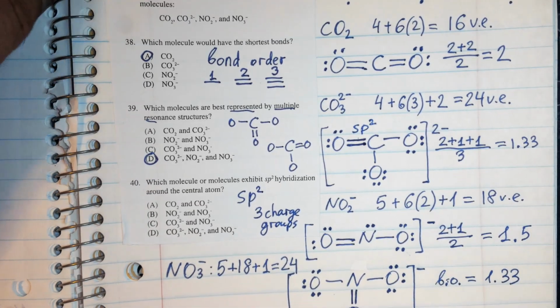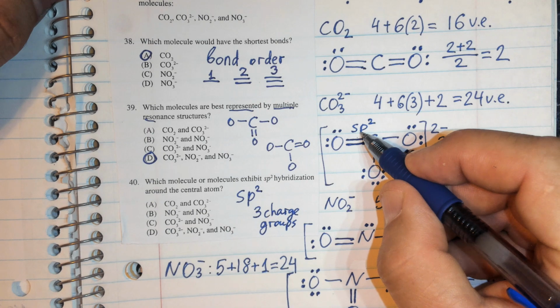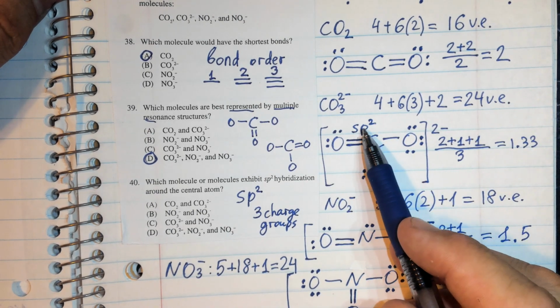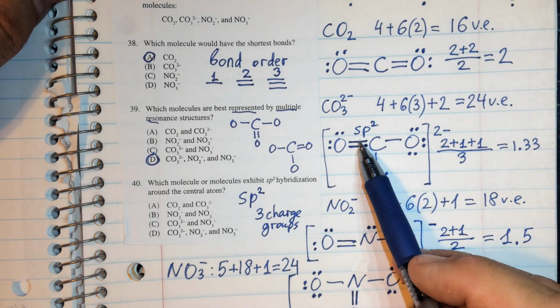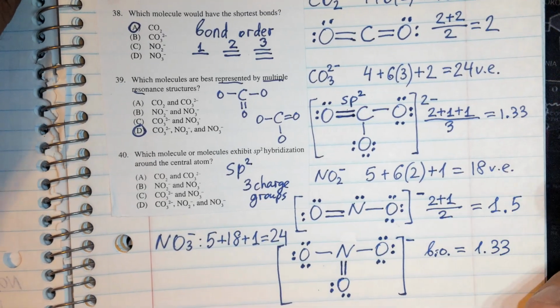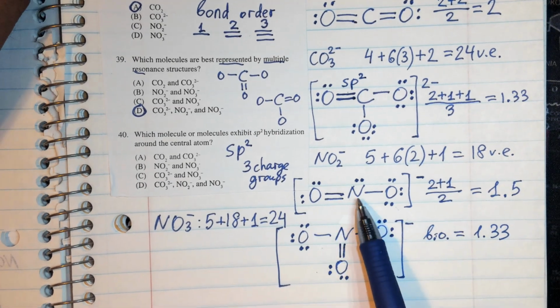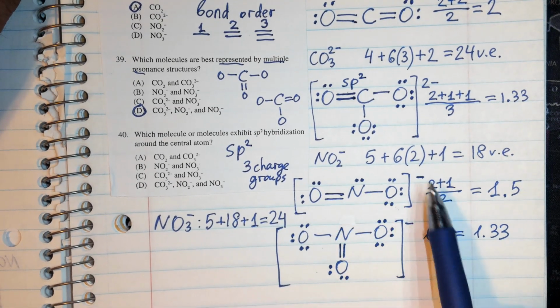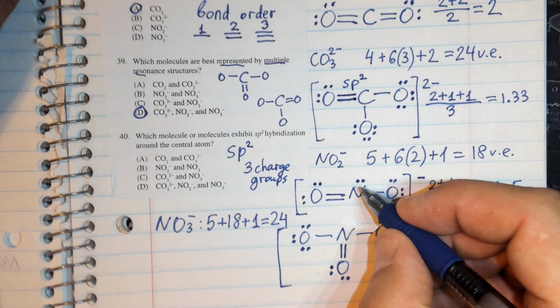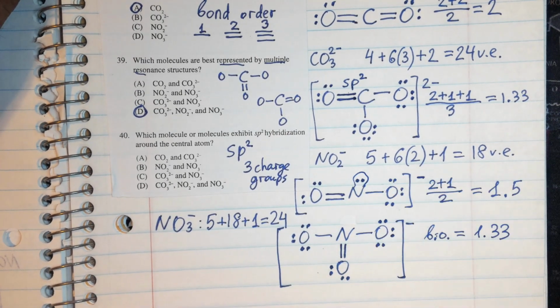sp2. Because again, those sigma bonds are created by mixing the s orbital and 2 of the p orbitals, and all of these bonds are equivalent in the structure because of hybridization. Now, in the NO2 negative, you have 2 sigma bonds, but also you have this lone pair.